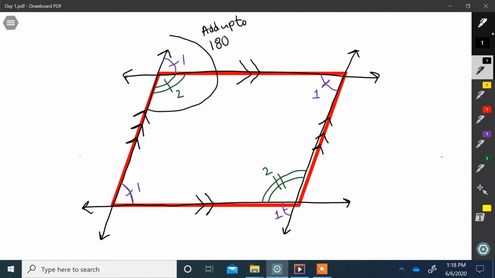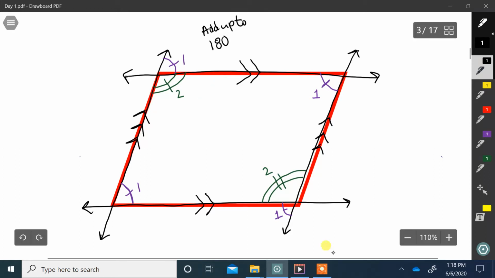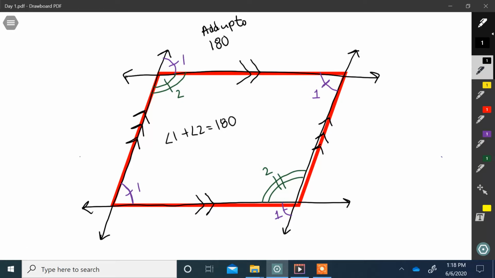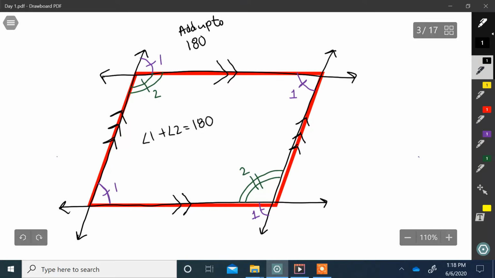Okay, so what does that mean? That means that angle 1 plus angle 2 is going to give you 180 degrees. And guess what? If you add all the angles inside that parallelogram, so if you add angle 1 plus angle 2, and then of course you're going to multiply that by 2 because you have 2 of those each, you're going to get 360 degrees.